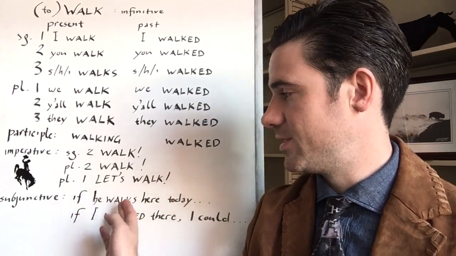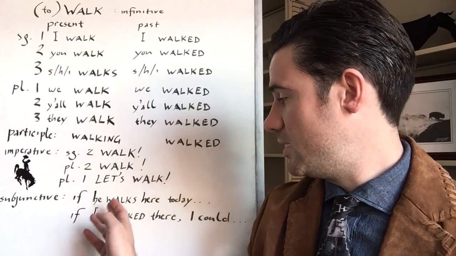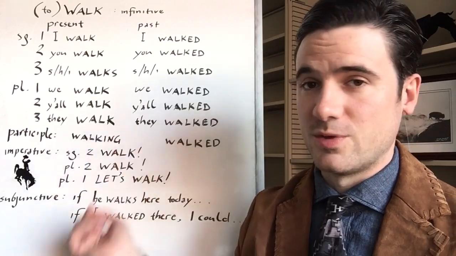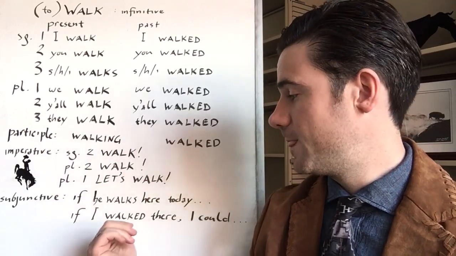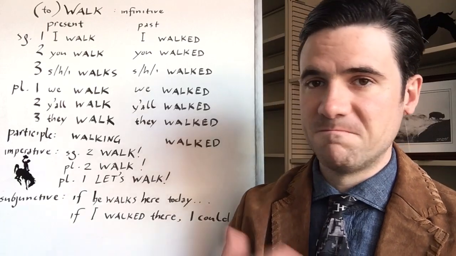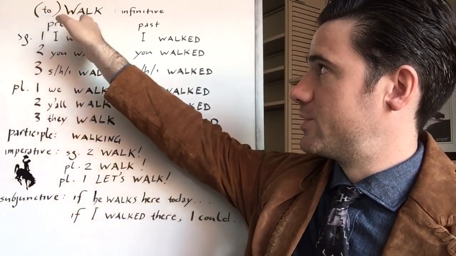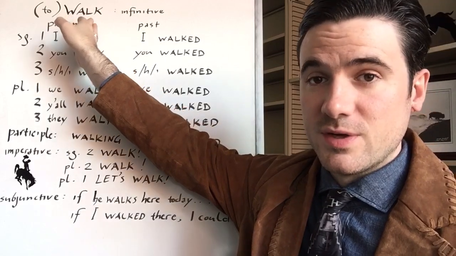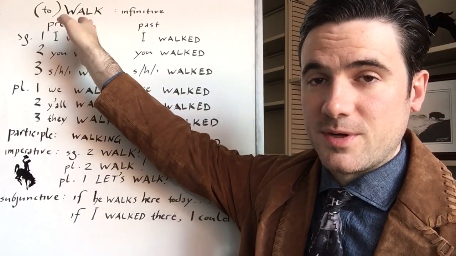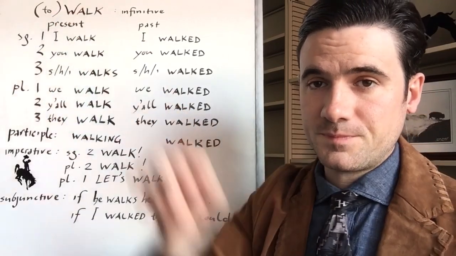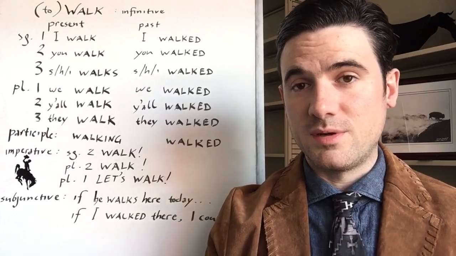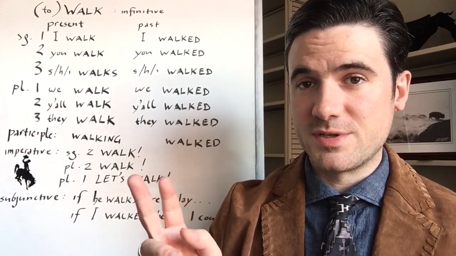And then subjunctive, again, a dead category. If he walks here today, no different from the normal indicative verb form. If I walked there, I could. No different from the normal indicative verb form. And again, when you look this up in the dictionary, you'll see the infinitive, which in English is just typically the bare root, walk. All right. Now, there are two other major categories that I want to introduce to you.